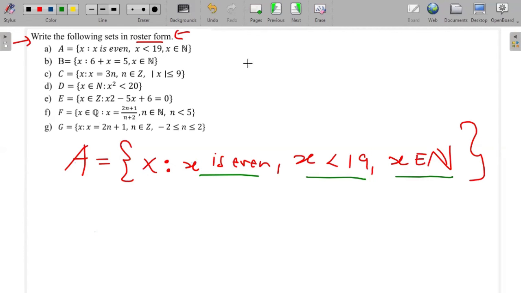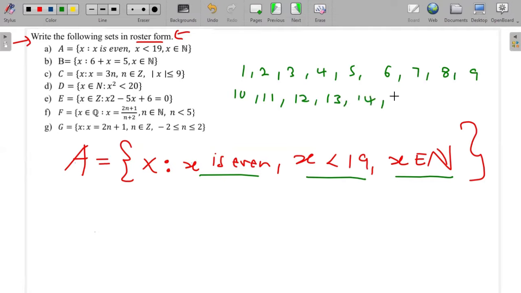Let's write them on top here: 1, 2, 3, 4, 5, 6, 7, 8, 9, 10, 11, 12, 13, 14, 15, 16, 17, 18, 19, and just those. In fact, 19 should not be there because they said less than 19. So these are the natural numbers that are actually less than 19.